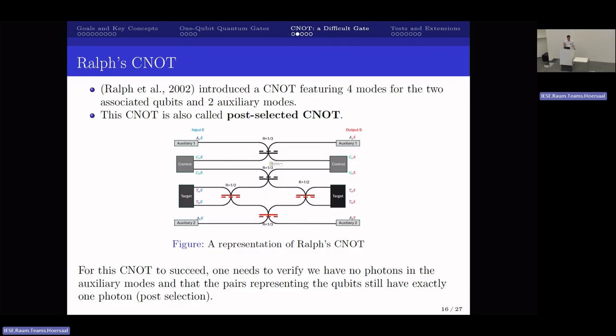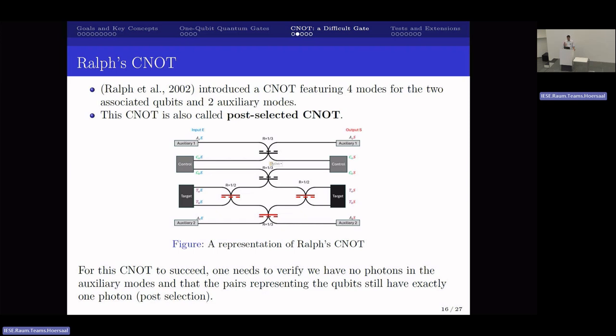So you have dual rail encodings for 2 qubits and 2 extra input modes. On these modes, you will need to send no photons, and you will need to measure whether these modes have photons or not at the end of your circuit.